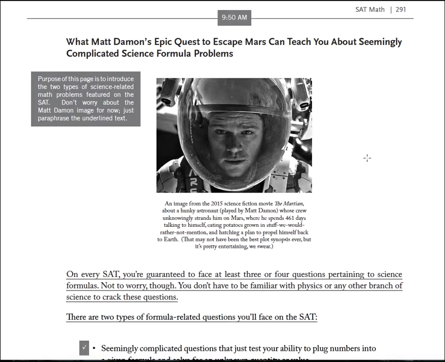For this one here, I mentioned at the start of yesterday that the way that the SAT gets away with not having a science test like the ACT is to take some science content and incorporate it into all the test sections on the SAT. The writing and language test, the reading test, both of the math tests. So the next couple of questions we're going to do pertain to science formulas.